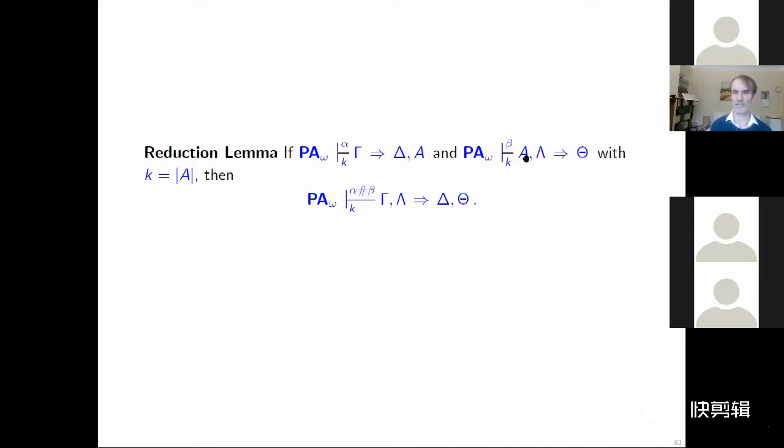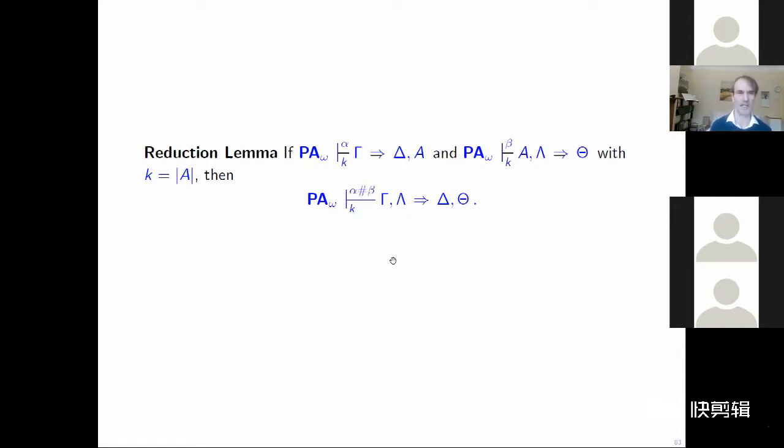But if you cut out the A, then the K here would go to K plus 1, because the K is supposed to indicate that all cuts in the derivation are less than K. But A has exactly length K. And then this reduction lemma tells you, well, I can avoid increasing the cut rank of the derivation and still get rid of the A, but I incur a cost, and the cost is alpha sharp beta. This sharp symbol indicates the natural sum of ordinals.